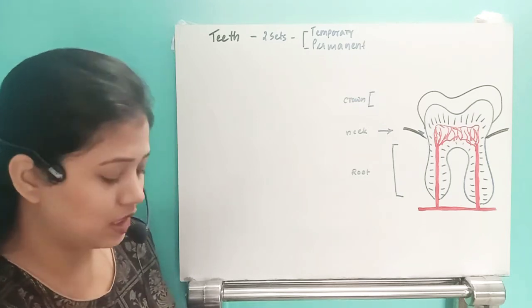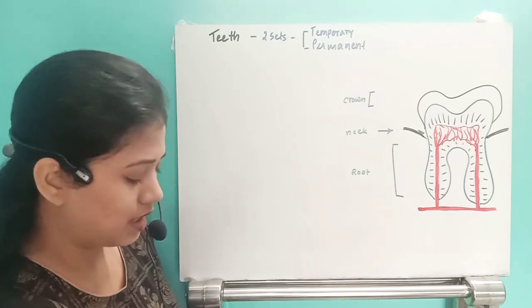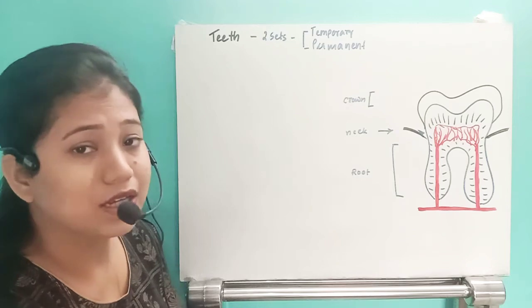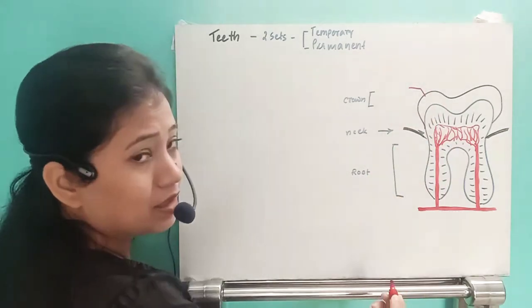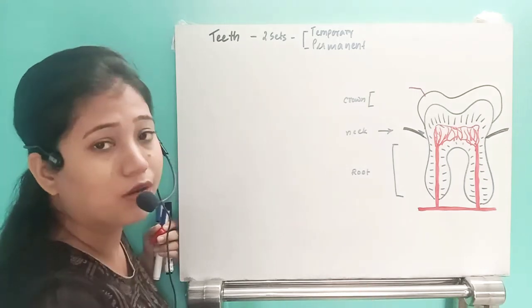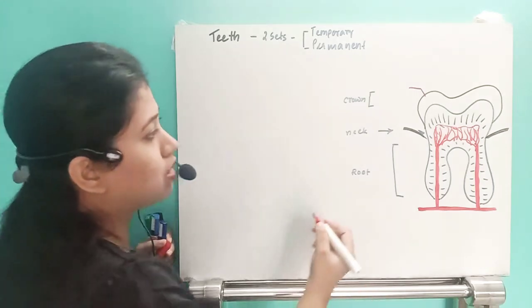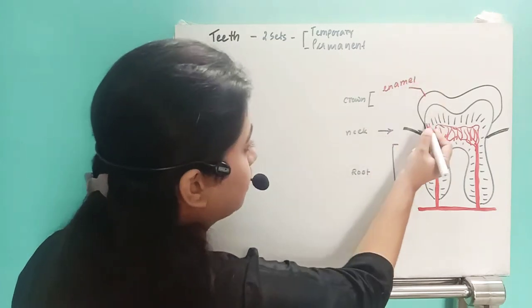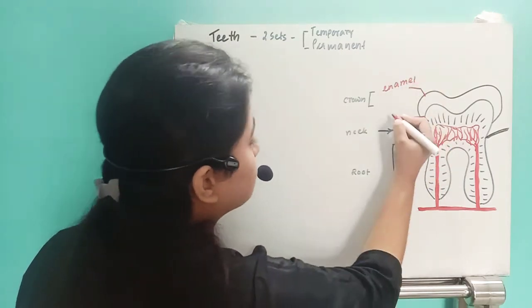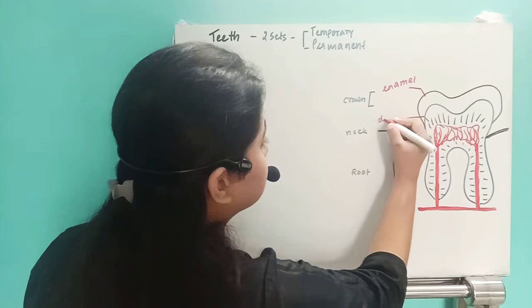And if you see type wise, the tooth again has three parts. The uppermost part is the hardest part of our body, a non-living part, and it is called the enamel. The second part, the living part, is known as dentine.